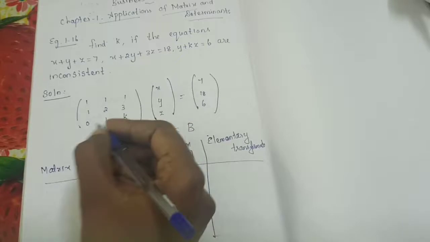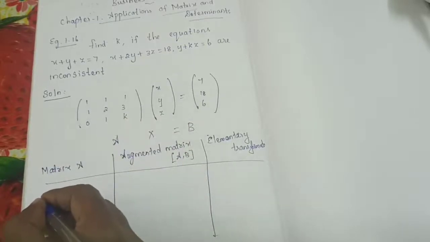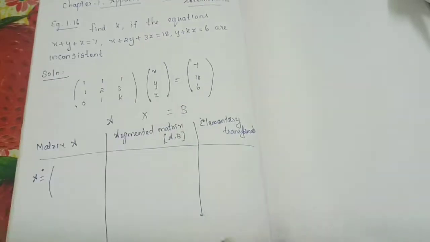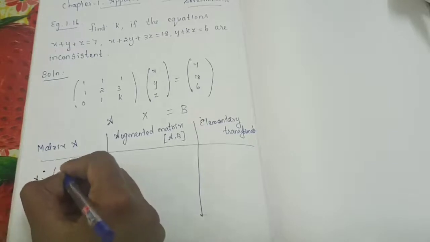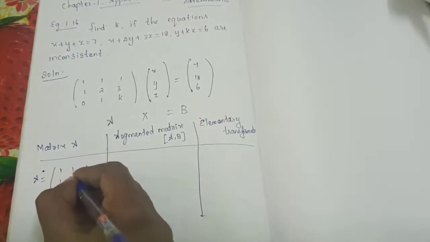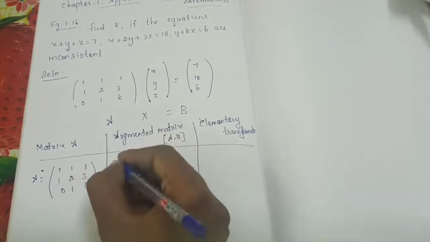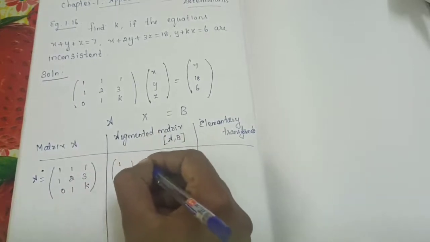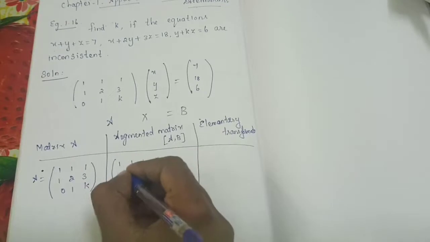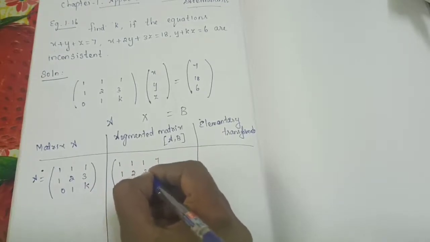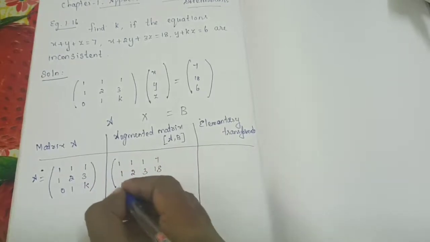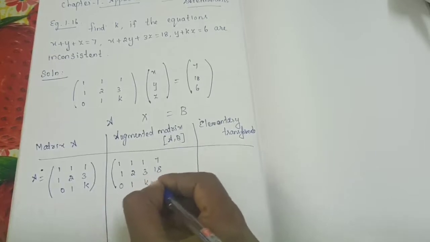First we write matrix A: 1, 1, 1, 1, 2, 3, 0, 1, k. Next A comma B: 1, 1, 1, 7; 1, 2, 3, 18; 0, 1, k, 6.